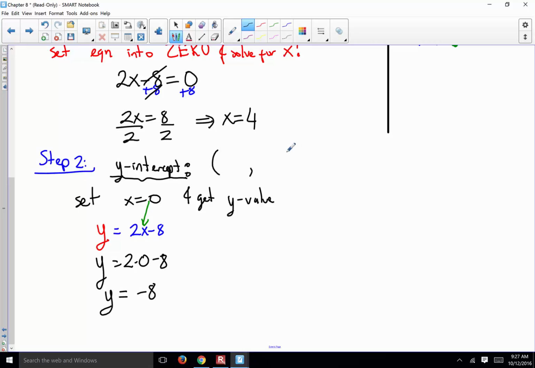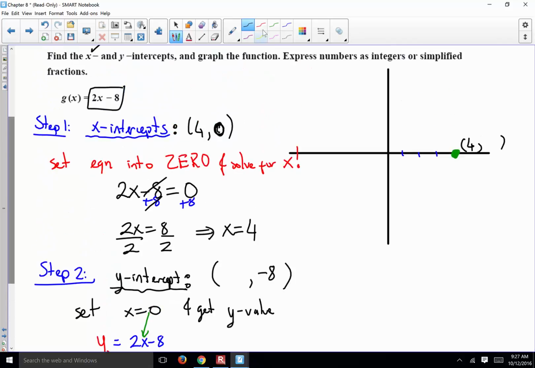Okay, y-intercept, the value you found is for y, so you can use it in the second component. I'm wondering what the first component is. So you're touching y-axis here, -8. So 1, 2, 3, 4, 5, 6, 7, 8. Here is negative 8.